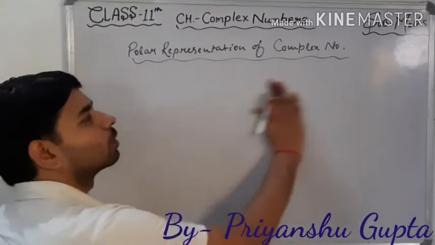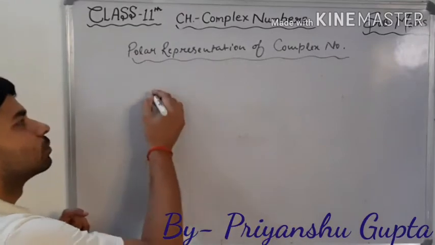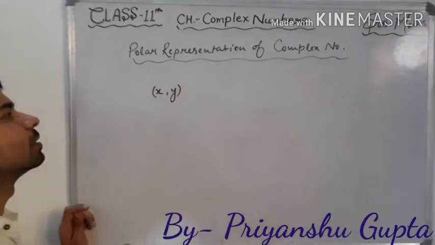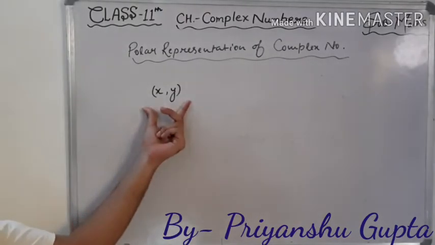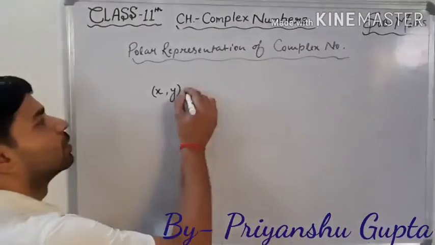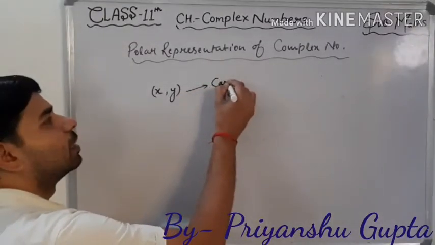As we have read, x comma y is the coordinates of any point. This system is known as the Cartesian system.